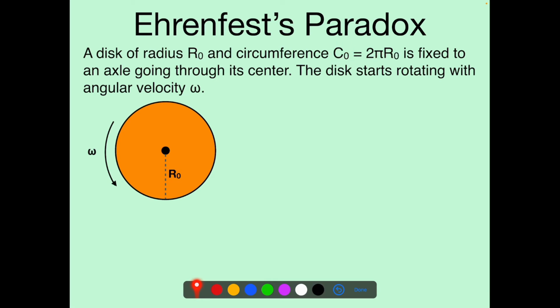So we take this disk and we fix it to an axle that goes through its center. So that way we can get it to start rotating. So let's say that the disk is now rotating with angular velocity omega. So omega tells us how many radians per second the disk is sweeping out as it rotates. That's omega.